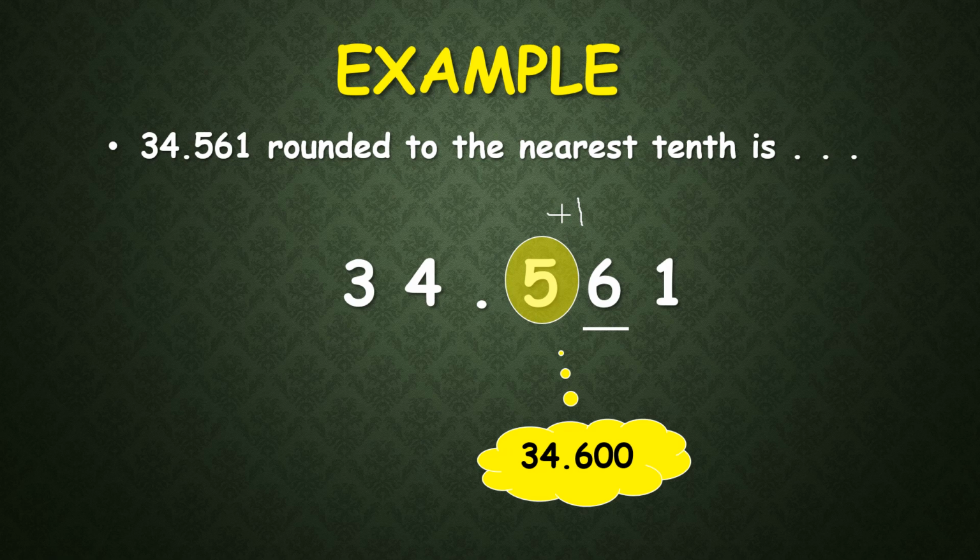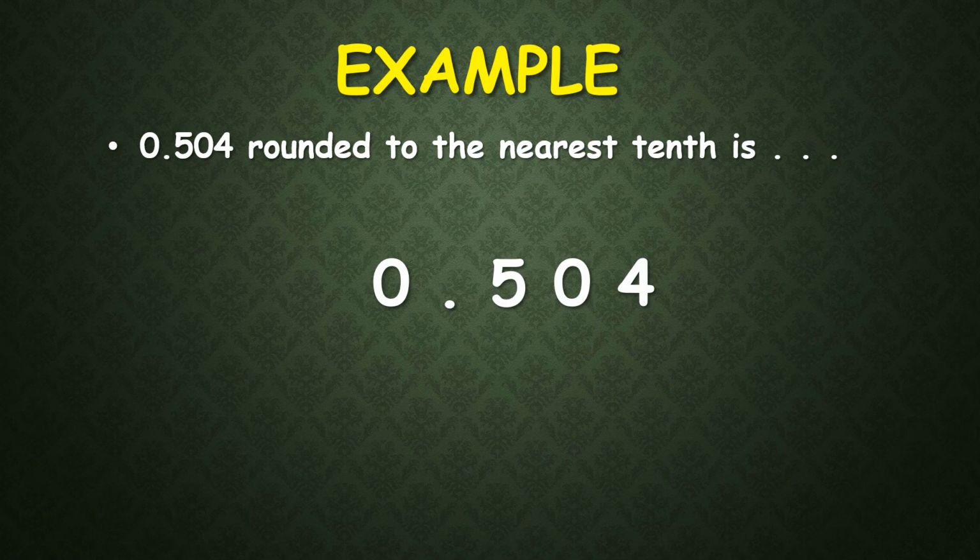Even if you want to write 34.6, that is also correct, because after the decimal you can add as many zeros as you want, or remove them if you want.